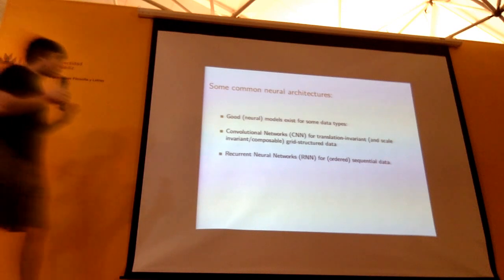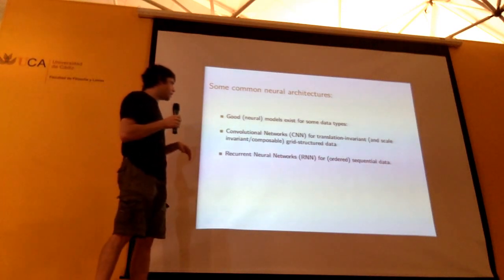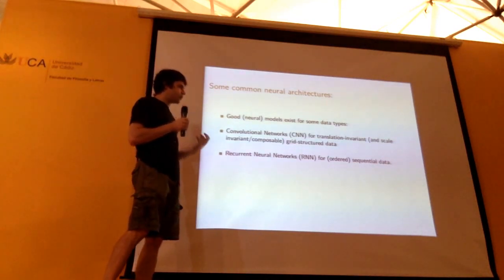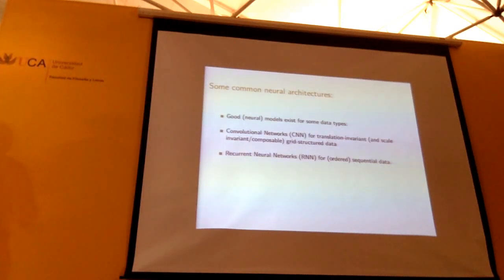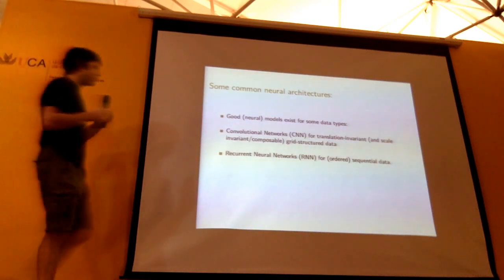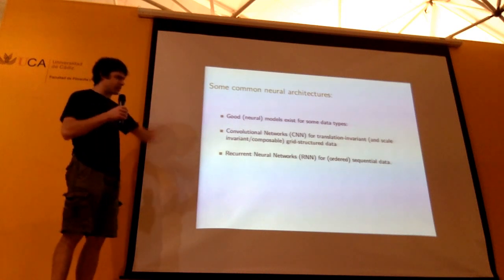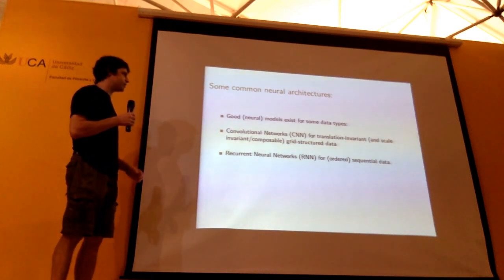Recurrent neural networks work really well for ordered sequential data. By the way, when I think of a recurrent neural network, I think of something that inputs a sequence and outputs a sequence. The word recurrent neural network just means any neural network with a cycle connection, so it's much more general.